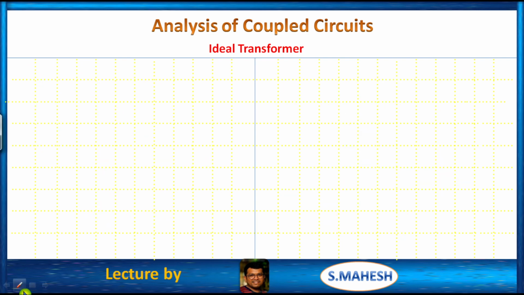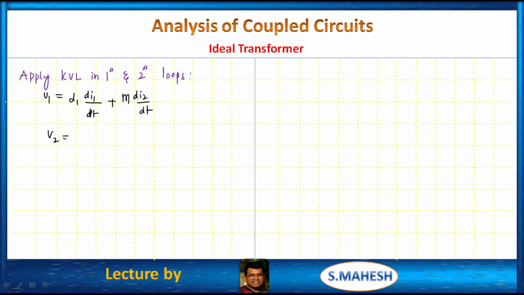Apply KVL in the primary and secondary loops, right? Therefore V1 is equal to L1 di1 by dt plus M di2 by dt. Clear?